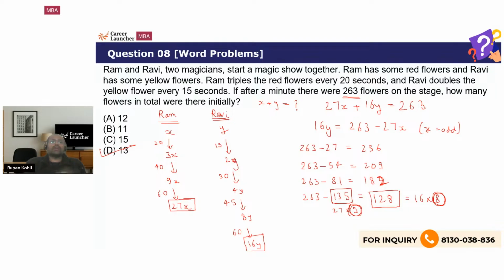Because here the context is that the quantity is a natural number or a whole number, and therefore only one equation is sufficient. So the point is that this equation has infinitely many solutions from an algebraic perspective, but from the perspective of the question in hand, x and y are natural numbers.